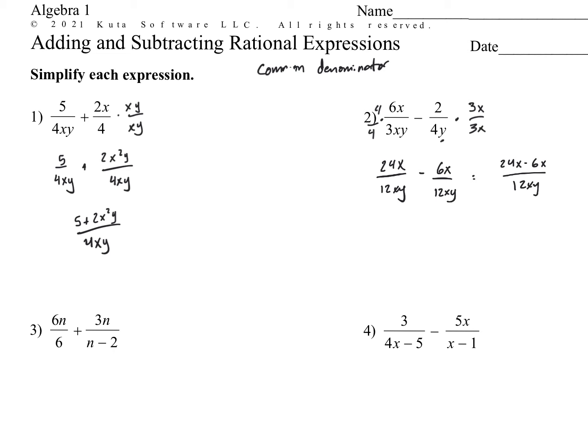Now I can combine like terms in my numerator, so 24 minus 6 is 18x over 12xy. My x's can simplify, as can my numbers. I can divide both of those by 6, and my final answer will be 3 over 2y.